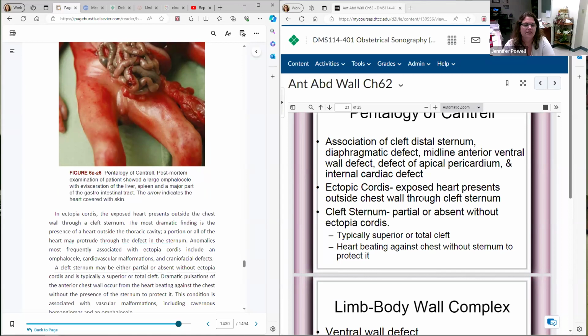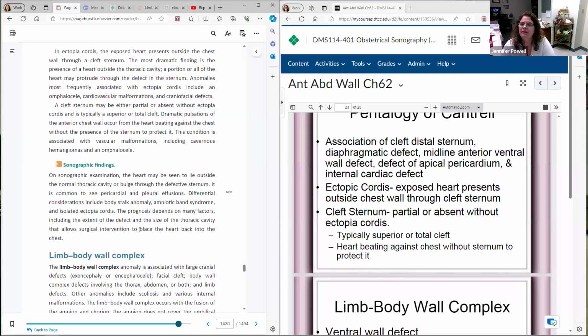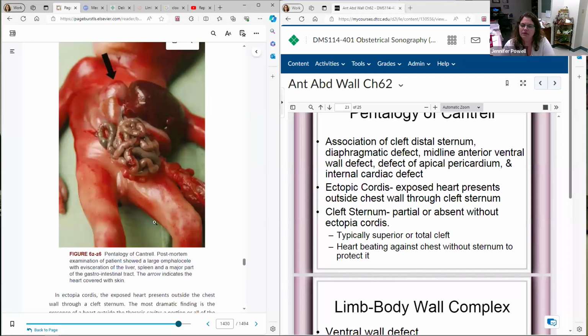Ectopia cordis is exposed heart, and it presents outside the chest wall through a cleft sternum. So that's what this is showing. The cleft sternum is partial or absent without ectopia cordis, typically superior or total cleft, heart beating against chest without sternum to protect it.